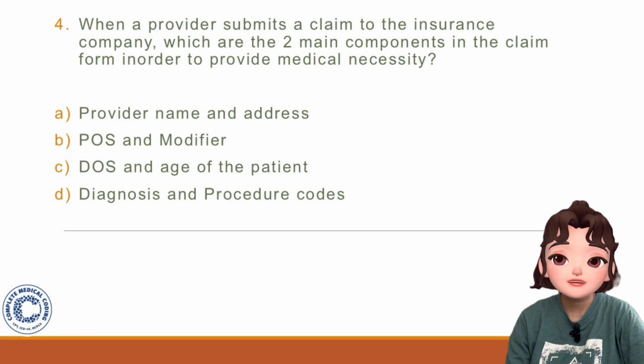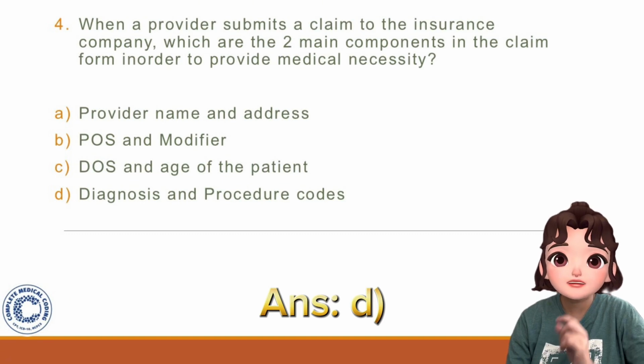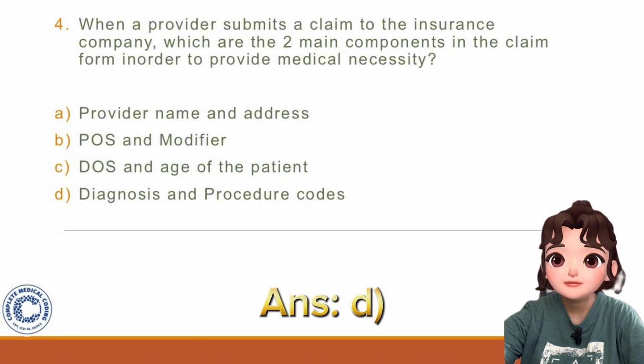Provider name and address, place of service and modifier, date of service and age of the patient, diagnosis and procedure codes. Answer is option D, diagnosis and procedure codes. These are the two main key components. The other things are also important, but still the two main components are diagnosis and procedure codes.